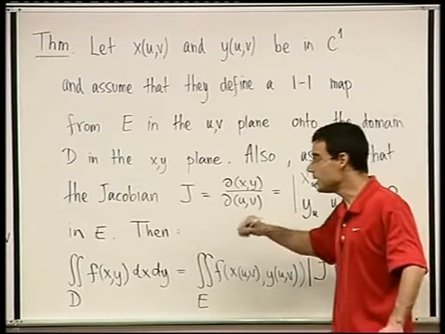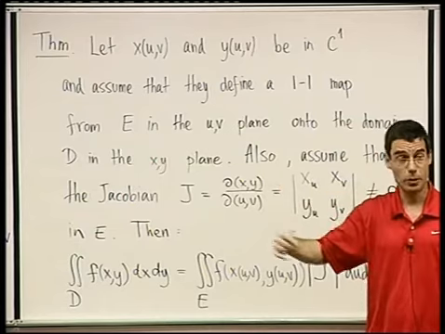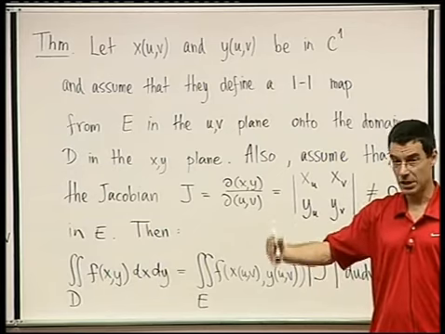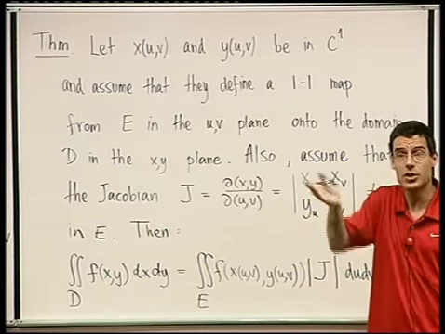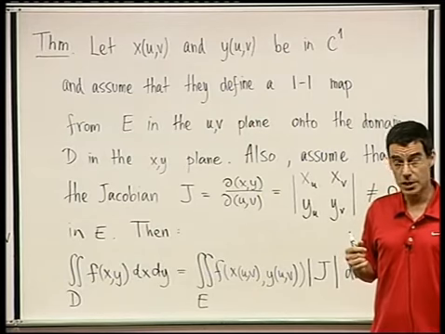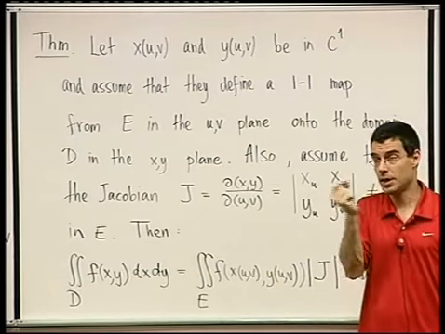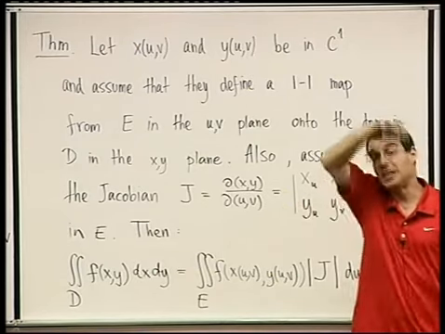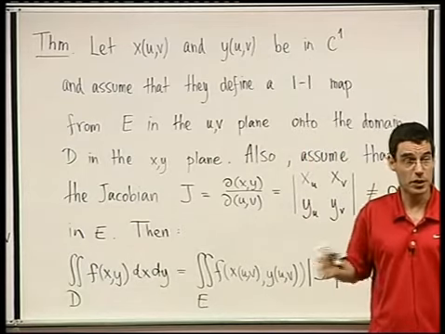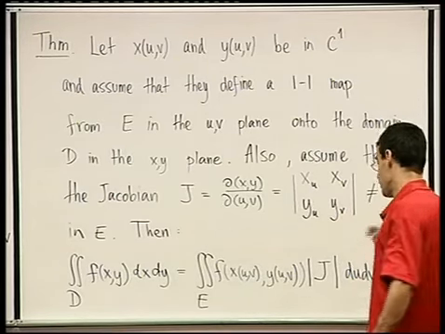Or except maybe on a curve in a domain, which makes no difference in terms of the integral. Okay, the integral is something two-dimensional. If you take a one-dimensional object inside, the integral doesn't see it. Just like when you take a single variable function and you change its values on points, the area under the graph doesn't see what happens when you change the value of the function on isolated points. Okay, so that's just a remark.